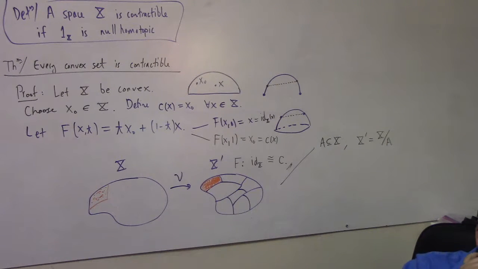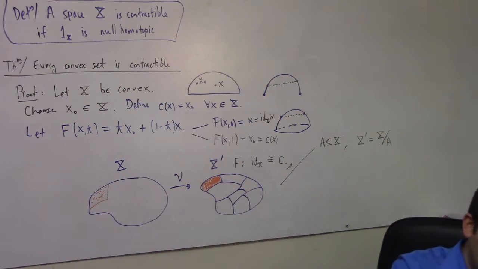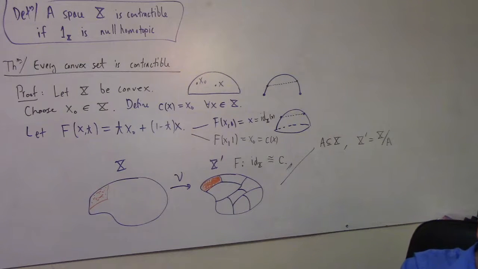What's an identification? It's a continuous surjection such that a set in the domain is open if and only if it's the inverse image of a set in the range? Or is that not quite right?